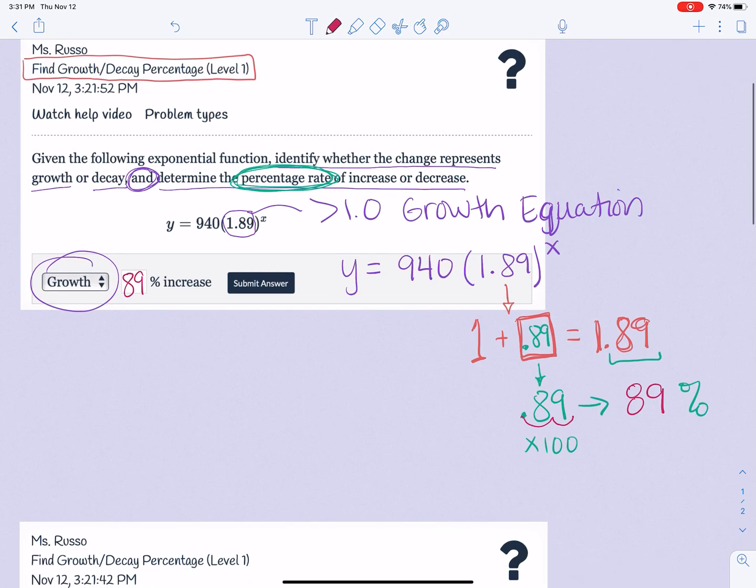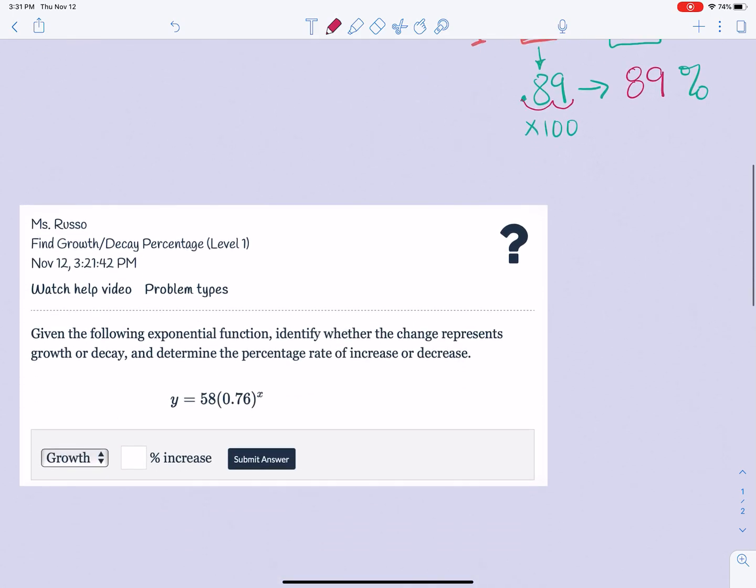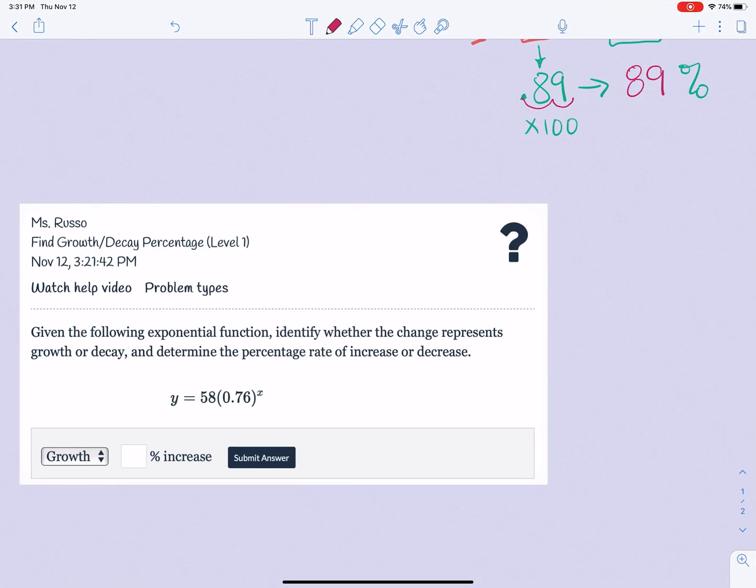Okay, let's take a look at number 2. Now, in this second one, let's go ahead and read through it and see if it's a growth or decay. Given the following exponential function, identify whether the change represents growth or decay and determine the percentage rate of increase or decrease.